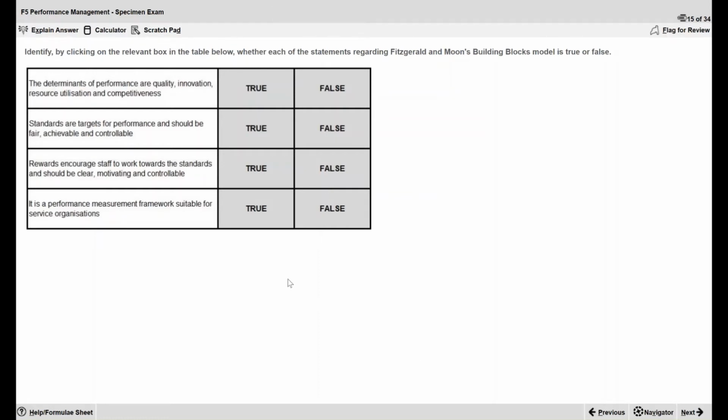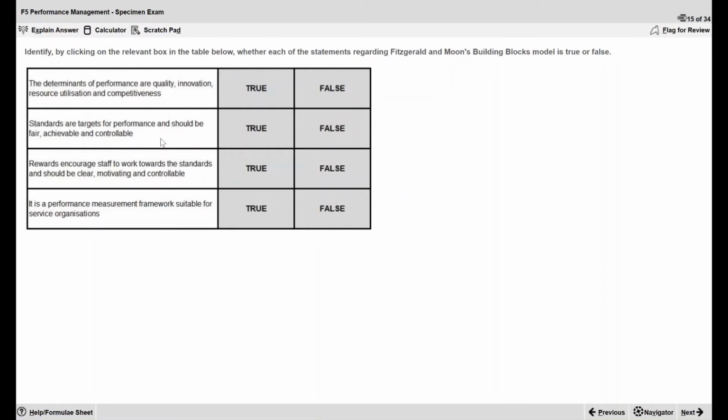Okay. So some of them are very specific. They are easily understood. Like one thing, we have controllable here and controllable here. So it is in both, so it should be true in one place. So let's read. Standards are targets for performance and should be fair and achievable and controllable. Remember, targets should be fair and achievable.